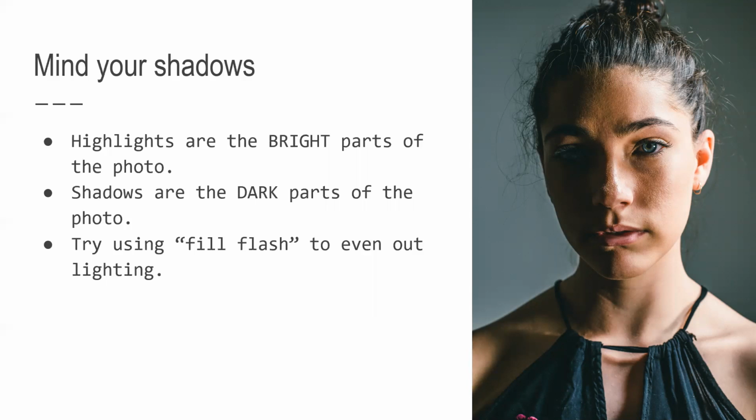It's not going to overexpose the rest of your picture because your flash doesn't reach very far. Six feet is about good for average flashes. But try turning that flash on, even if you're in a really bright place, to counteract those shadows.